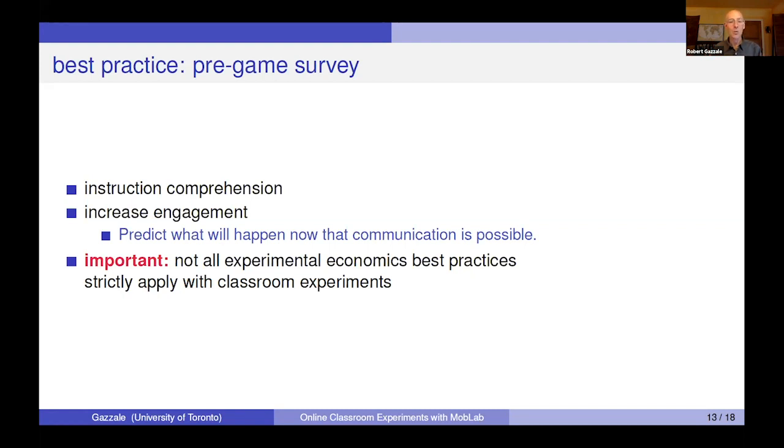Another way in which you might use the pregame survey is to try and increase student engagement. One thing that I could have done, for example, before the game with communication, is I could have said, what do you think will happen? What do you predict will happen if we allow players in this fishing game to communicate?